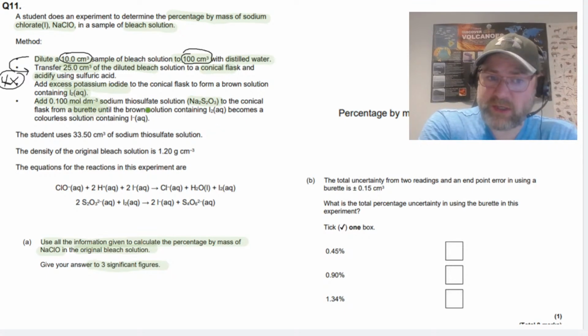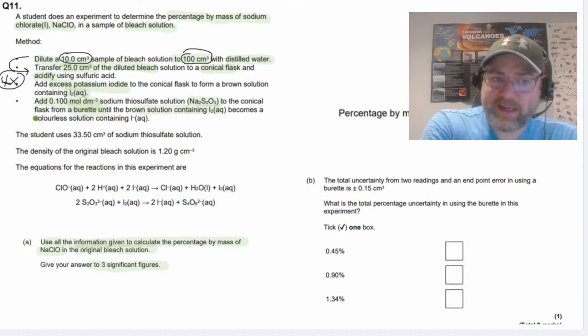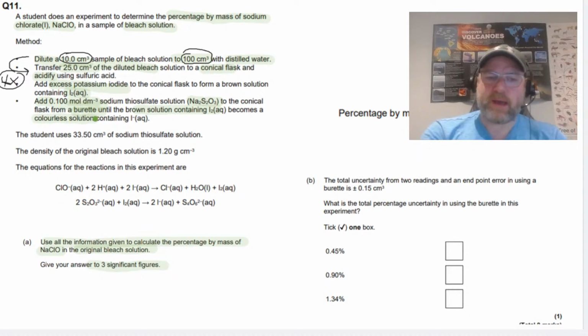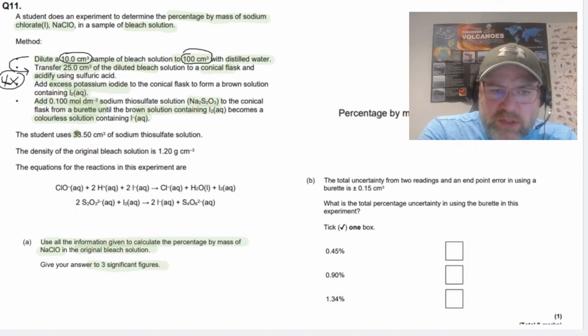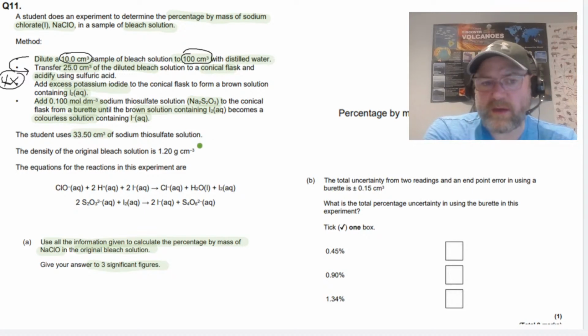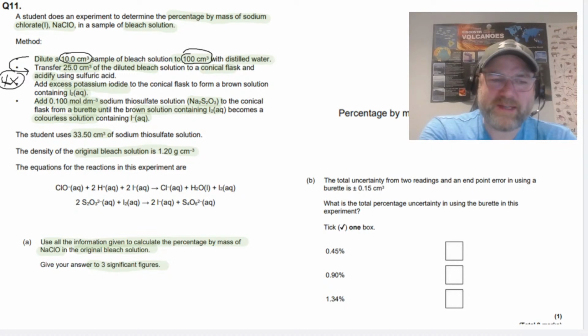So this is a titration until the brown solution becomes colorless. Then you've reached your end point. Now we've been told the student uses 33.5 centimeters cubed of sodium thiosulfate, and we've been given the density of the original bleach solution is 1.2 grams per centimeter cubed, and we've been given some equations here.